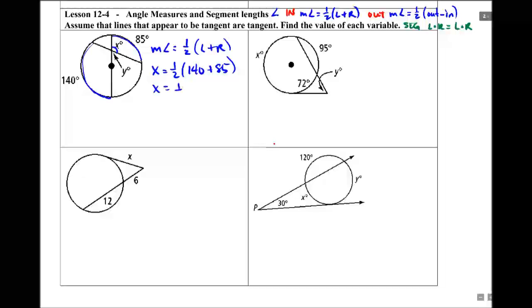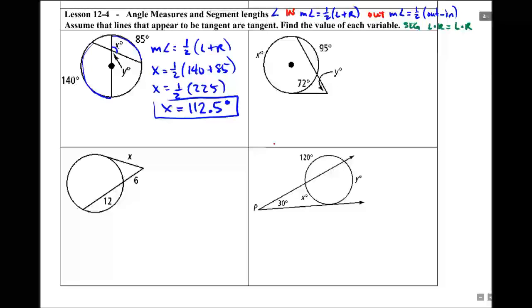That is 1/2 of 225. So x equals 112.5 degrees.